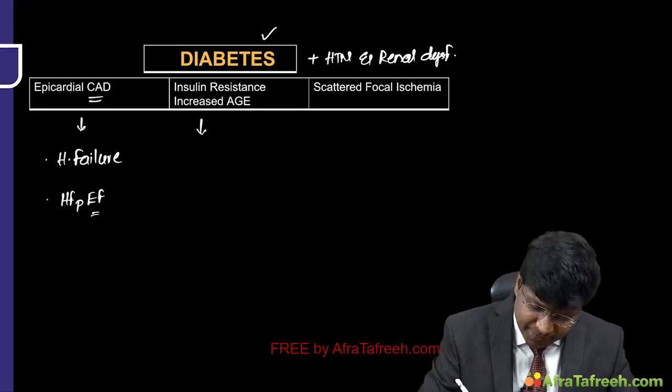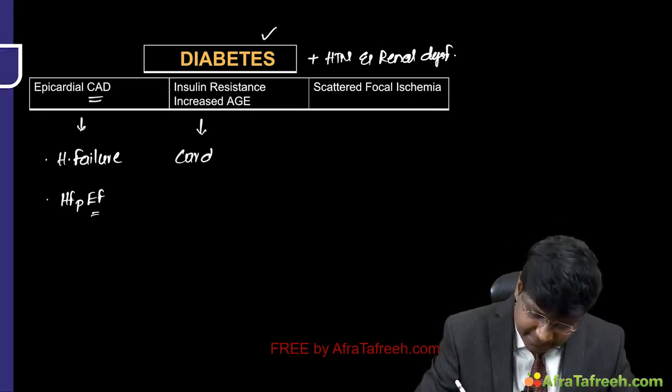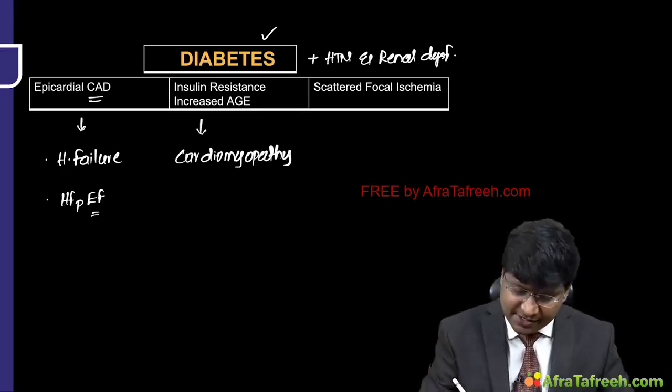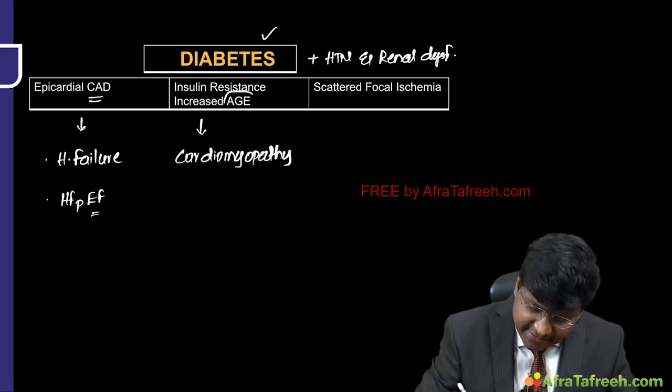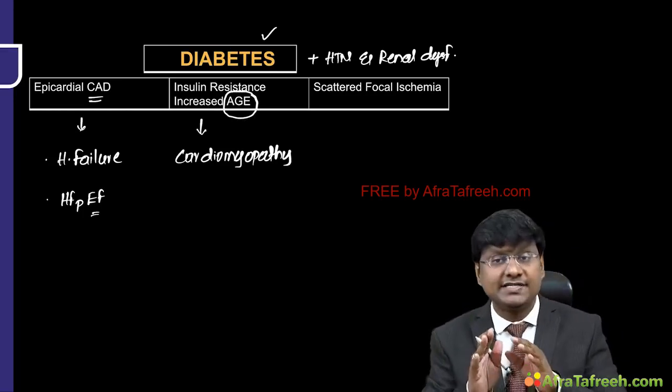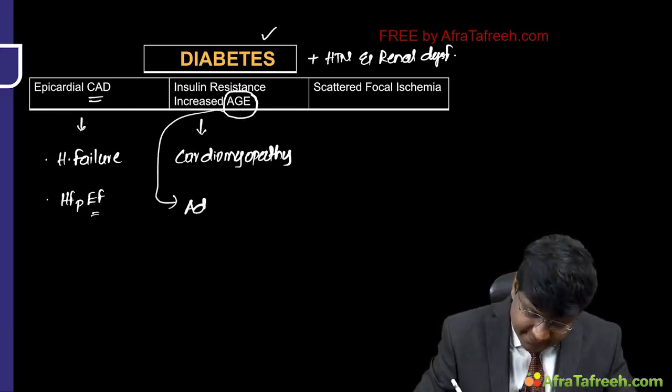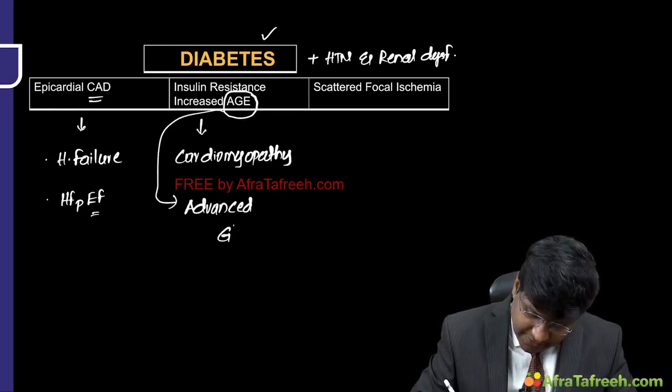See, cardiomyopathy may result from insulin resistance, and as well as there will be increase in the AGE. What does AGE stand for? AGE stands for advanced glycated end products.